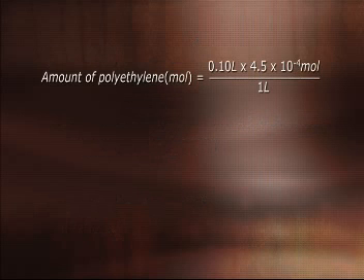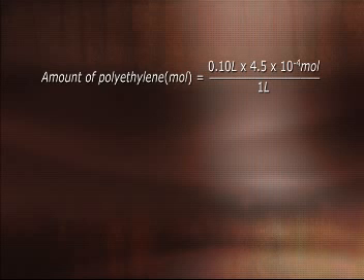In order to determine how many moles there are in 100 milliliters of polyethylene solution, we multiply 0.10 liters by 4.5 times 10 to the power of negative 4 moles and divide it by 1 liter.